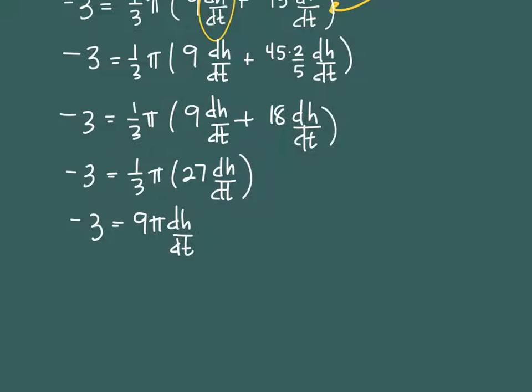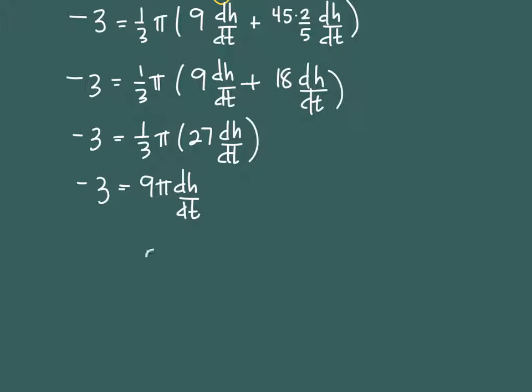And so then dh/dt by itself is -3 divided by 9 pi, or -1 over 3 pi. And then the units on that, because we're measuring height and our problem is in inches, will be inches per hour.